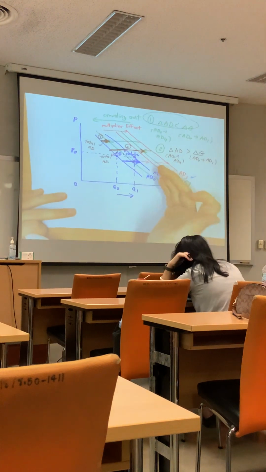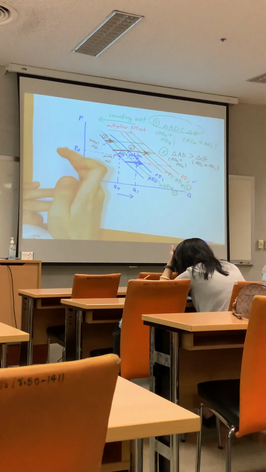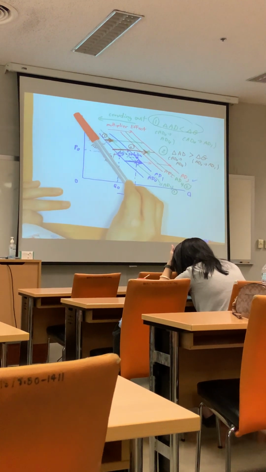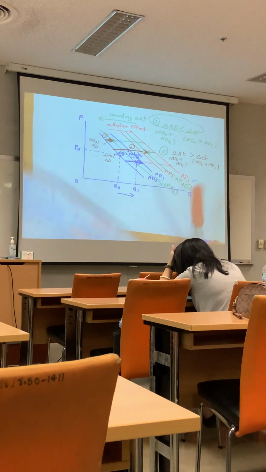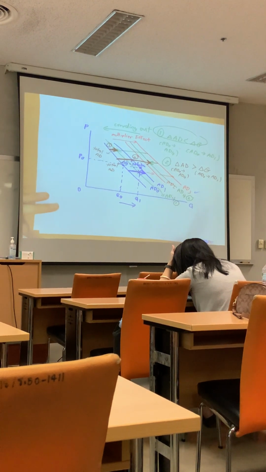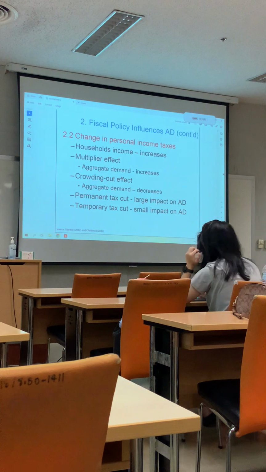So you just shift AD leftward and continue leftward again when the multiplier changes. And if crowding out happens, it will shift backward. Whether it shifts more or less depends on which is bigger, crowding out or the multiplier. But I think for a tax change, everything will be the same as a government spending change.